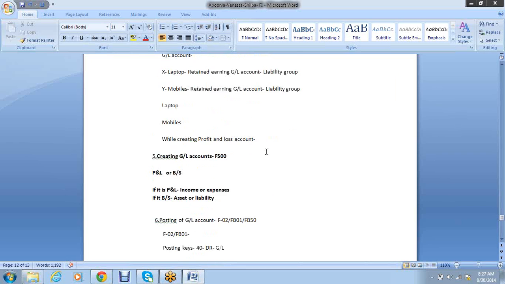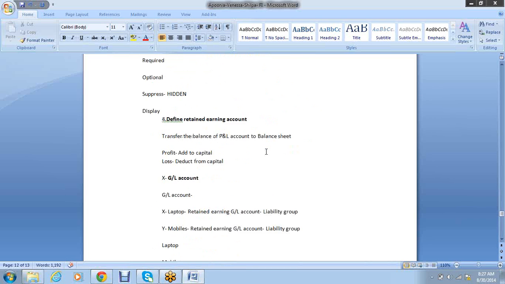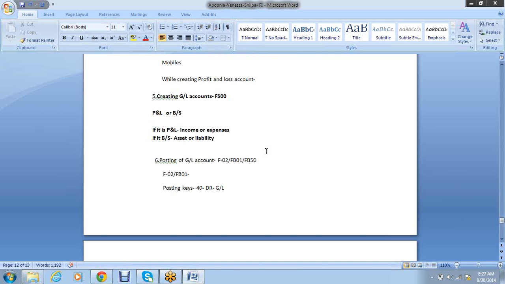So with this configuration, all your configuration related to creation and posting of GL accounts is done. After this, we will create a GL account under FS00. While creating in FS00, there are a lot of fields to explain. I'll explain when I go to that screen. Whenever I'm creating, the system will every time ask whether the GL account is a profit and loss account or balance sheet.